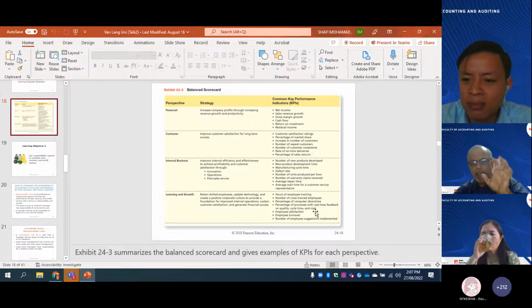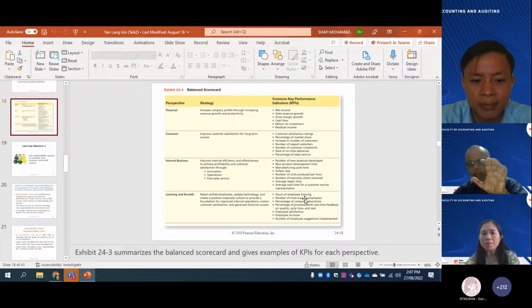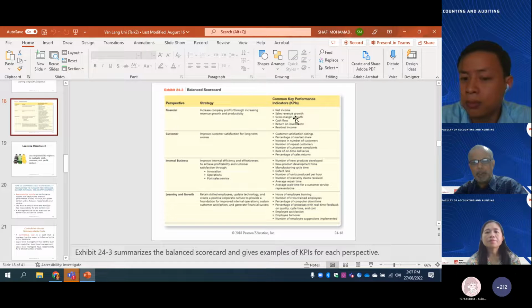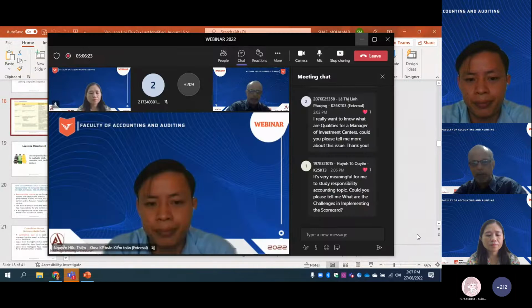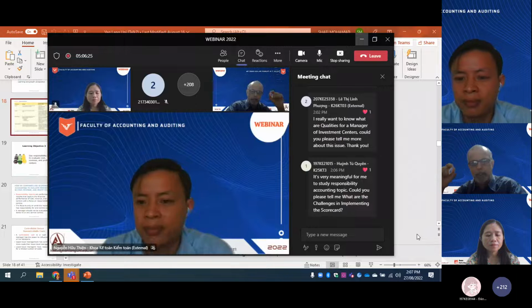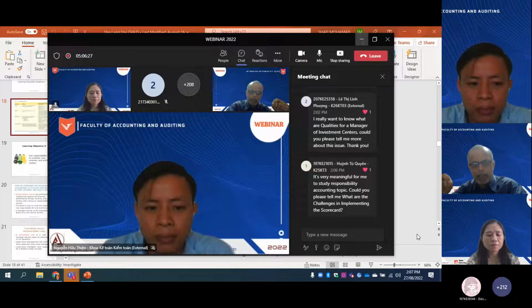So you must ensure that they are realistic. For example, if you're going to evaluate somebody on the financial aspect, and you say these are the KPIs, you must give them something that is realistic. For example, if the average return on investment in your industry is 15%.